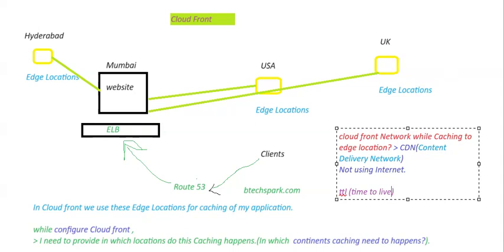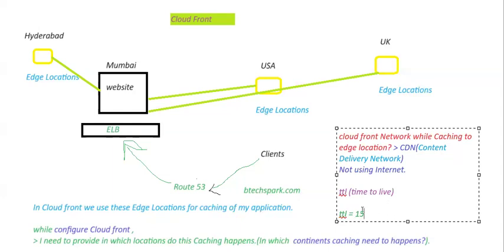For example, for this particular example, I have said my TTL is equal to 15. What is the TTL full form? TTL full form is time to live. That means your application will be cached at edge locations. At these edge locations, your application is cached for how many hours? For 15 hours.